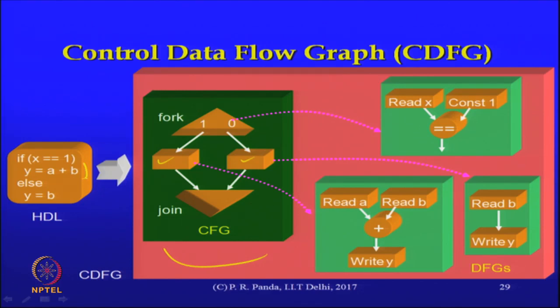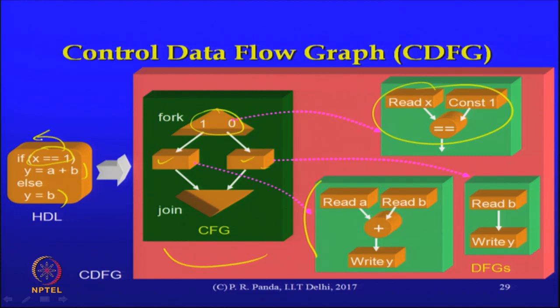So, this basic block translates to a DFG, that other basic block here translates to some other DFG, and in fact, the way we have written this, the fork also has a computation associated with it. So, there is a different DFG. This is just by way of illustration. You might actually move that computation out into the prior code, so that might become part of the previous basic block, and that is where that DFG might be absorbed.